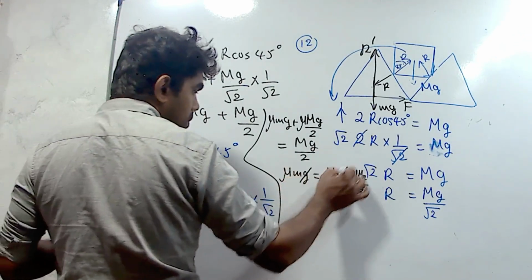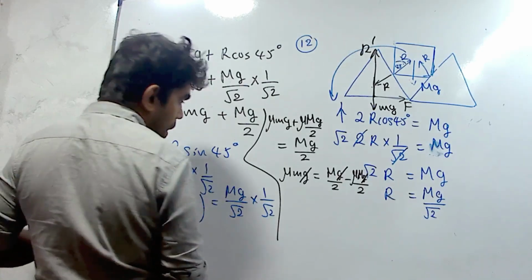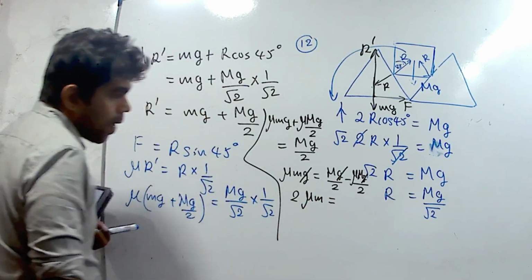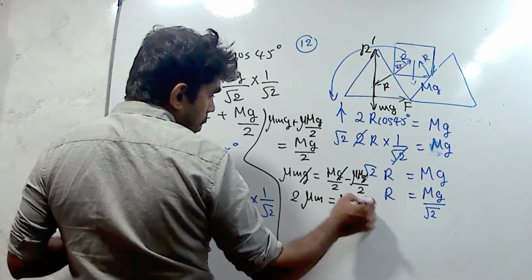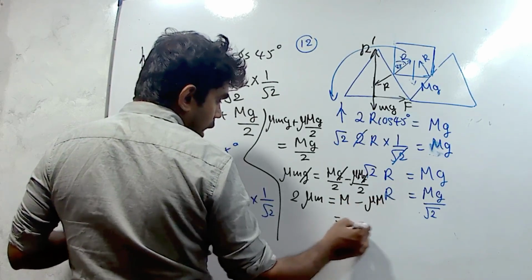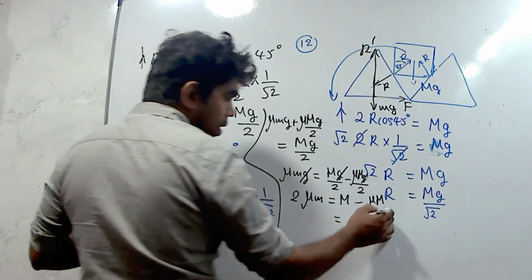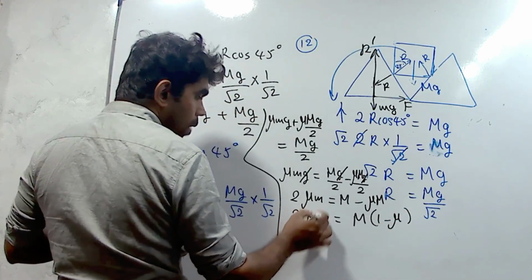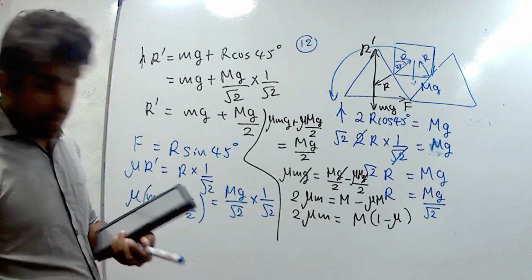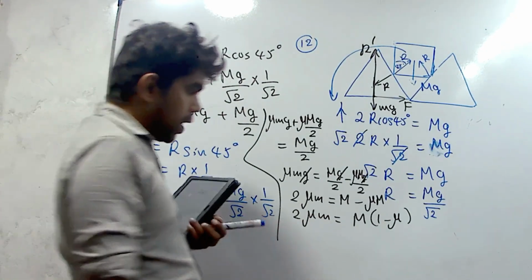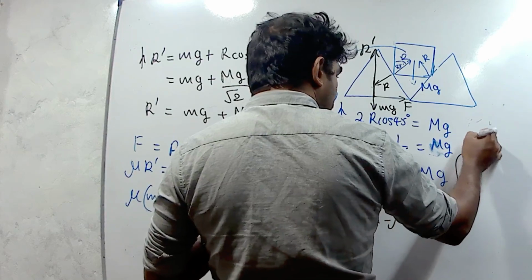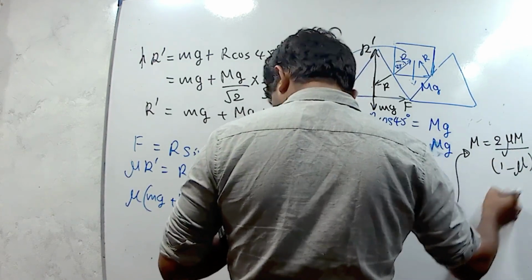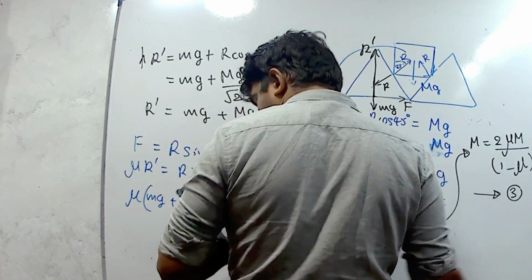We can cancel out g terms and we can multiply all terms by 2. 2 mu m equals M minus mu M. Then I will take M as a common factor, 1 minus mu, equals 2 mu m. Then the capital M value is 2 mu m divided by 1 minus mu. Then the answer is C for question number 12.